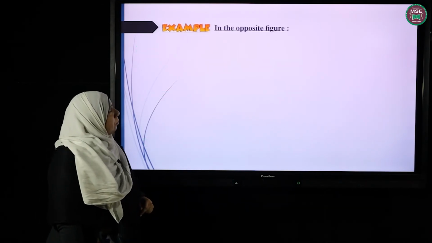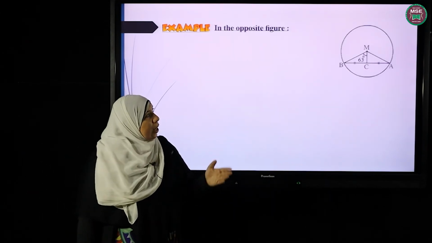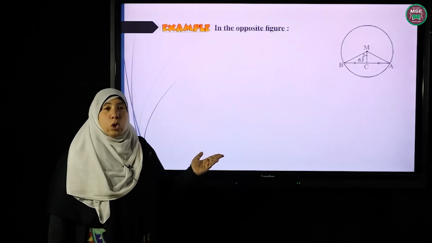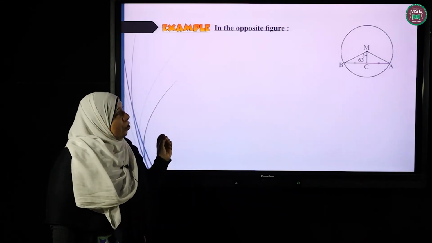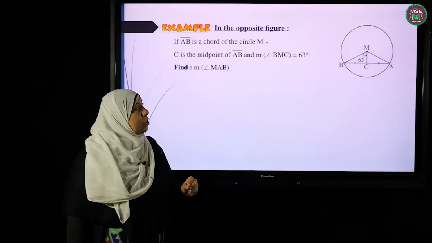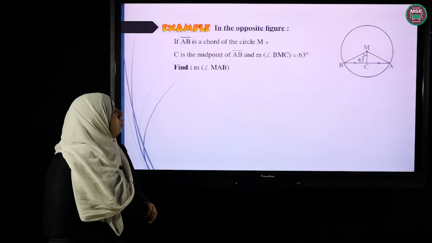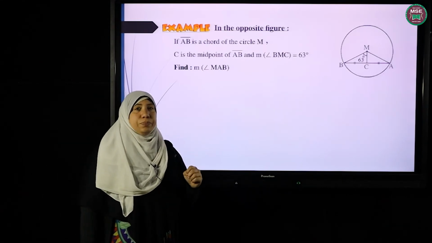For example, in the opposite figure, I have here a circle M. AB is a chord. C is the midpoint of this chord. The measure of angle BMC is 63 degrees, and he wants to find the measure of angle MAB.